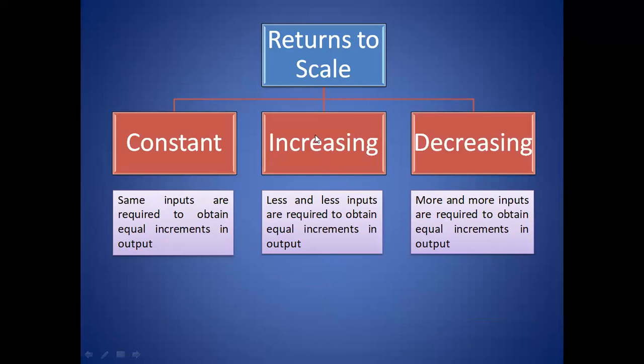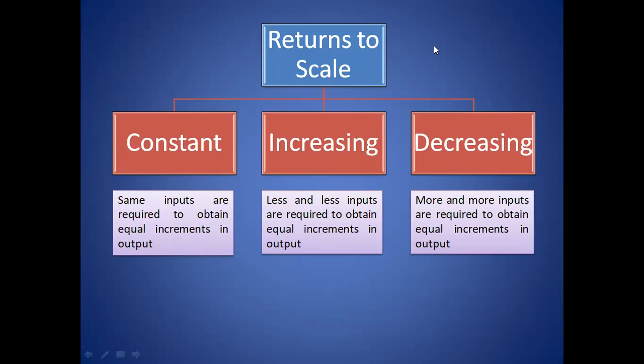A small concept I want to add here is returns to scale. This I will also explain in detail, just a small view. Returns to scale is generally of three types: constant returns to scale, increasing returns to scale, and decreasing returns to scale. What is the basic meaning of this? Constant returns to scale means the same inputs are required to obtain equal increments in output. Remember, when there is equal increment in output with the same input, that is constant returns to scale.